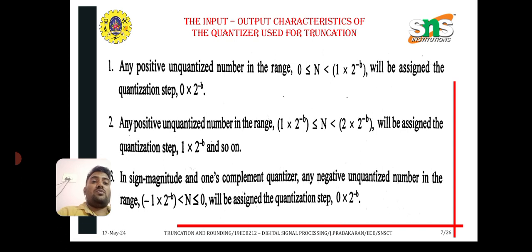In the range of 1 times 2^-b to 2 times 2^-b, it is assigned 1 times 2^-b. Likewise, a negative number from minus 1 times 2^-b to 0 will be assigned 0 times 2^-b.